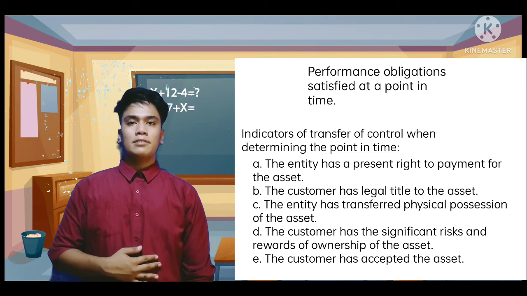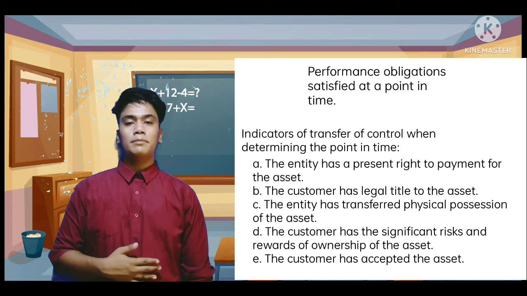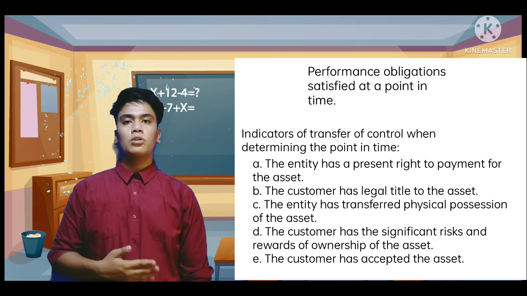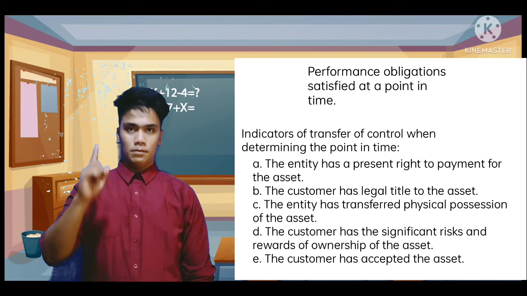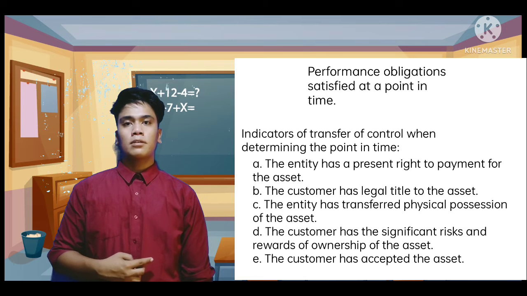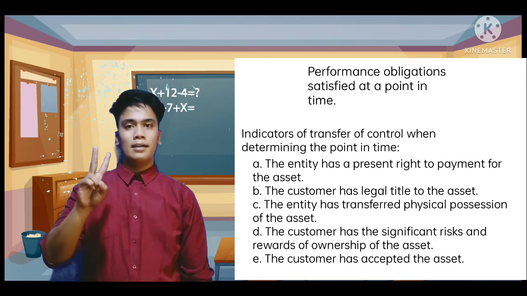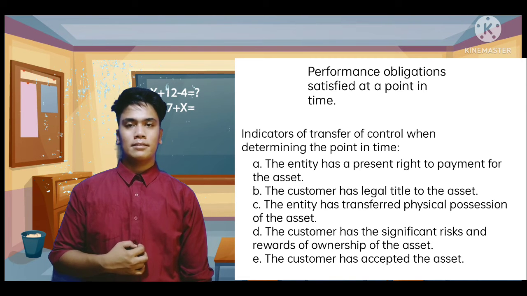The entity considers the following indicators of transfer of control when determining the point in time at which the promised good or service is transferred to the customer. Una, the entity has a present right to payment for the asset. Pangalawa, the customer has legal title to the asset.